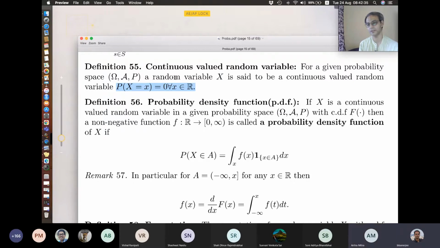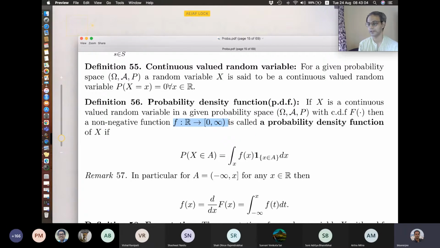We are calculating through integration. And whenever you are integrating, you are having a non-negative function f, which is mapping from real numbers to 0 to infinity. And if the integration, that means the area under the curve, is positive and the total area is 1, you are done.